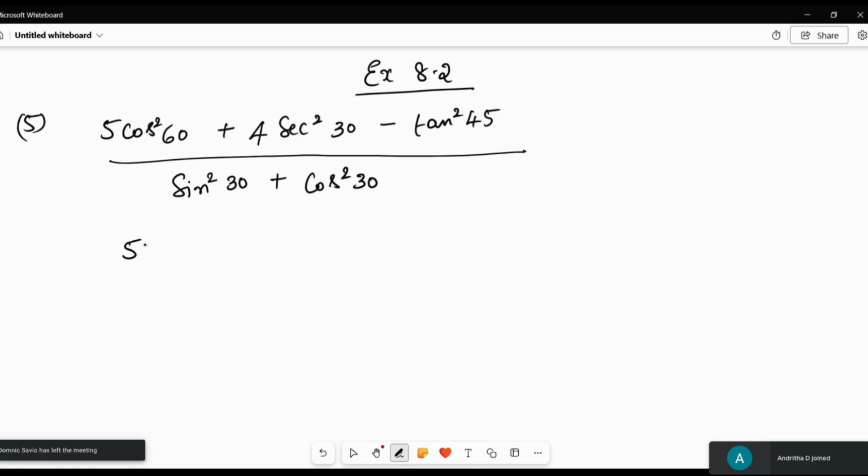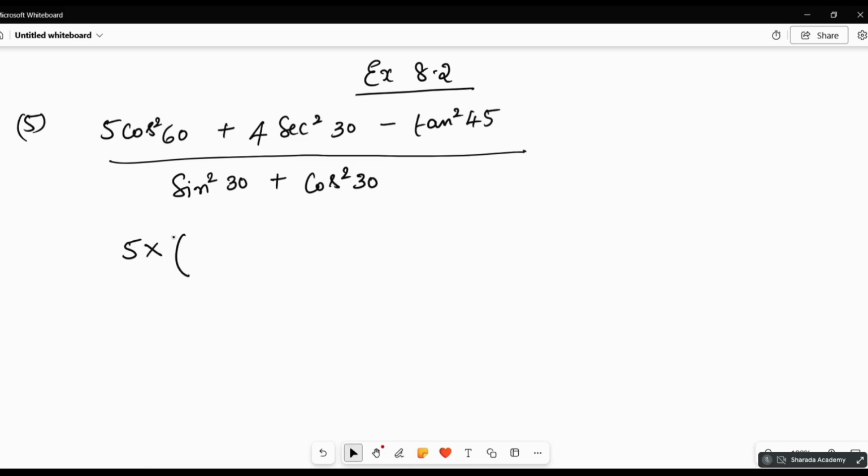So 5 into cos 60 degree. What is the cos 60 value? 1 by 2 whole square, plus 4 into secant 30.